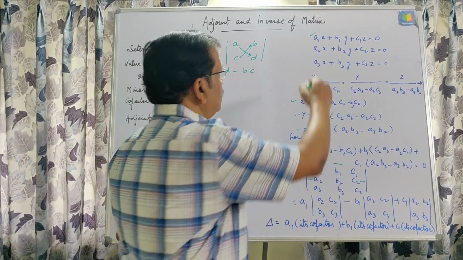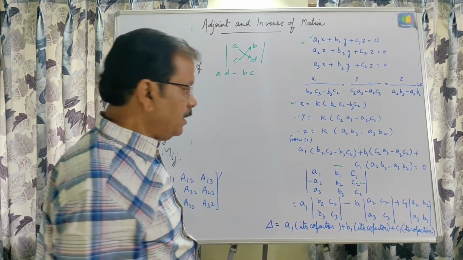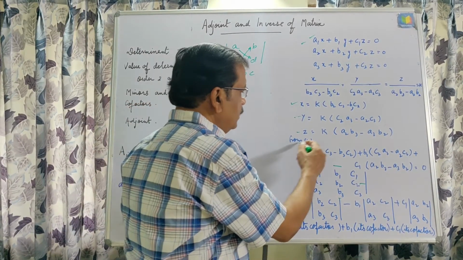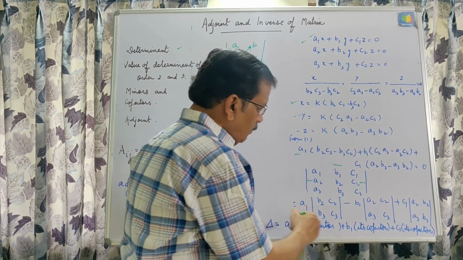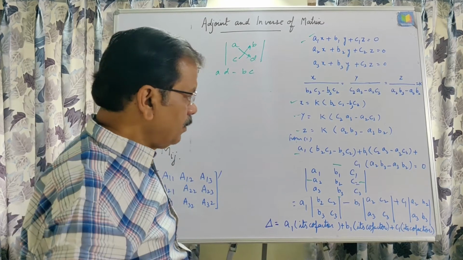This way, whatever we were finding with the help of the cross multiplication method, substituting with the help of this, we are able to get the value of the determinant also.